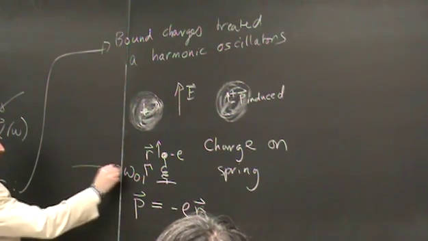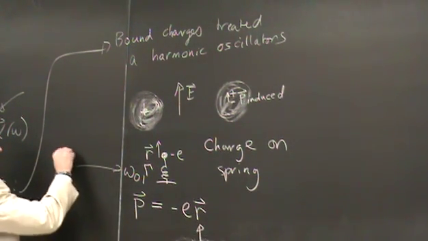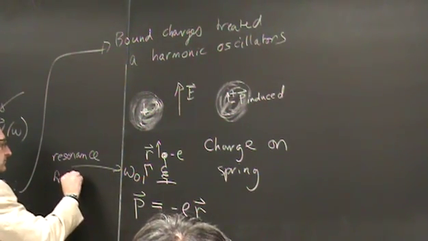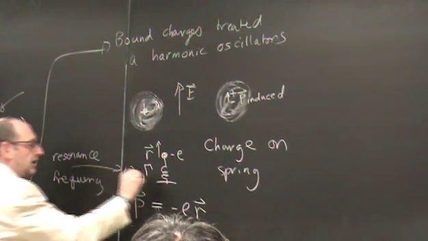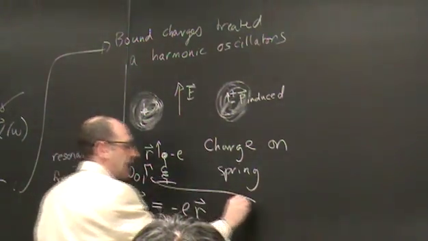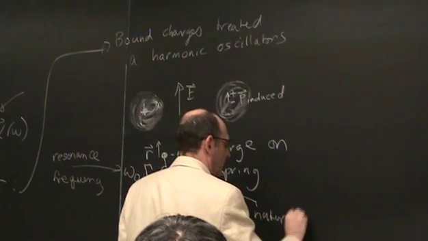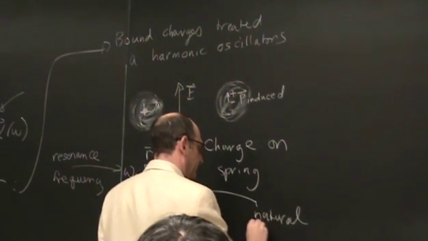So omega naught is the resonance frequency, and gamma is what we call the natural line width, for reasons that we'll remind you of in a moment.